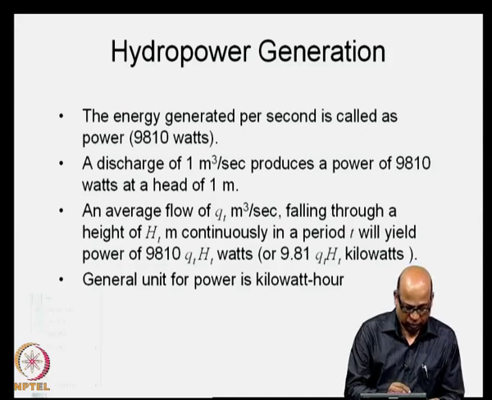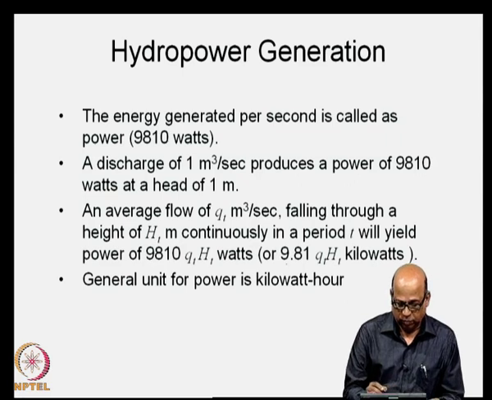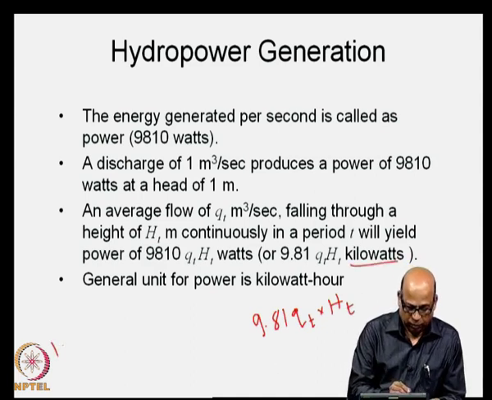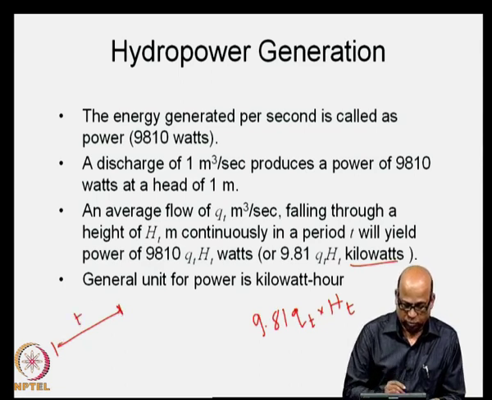What we have here is 9810 QT into HT watts, or 9.81 QT into HT kilowatts. That is what we have. Let us say your time period is 1 day or some number of days and so on.